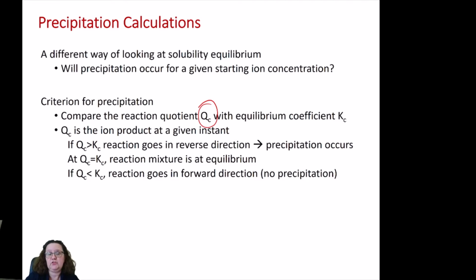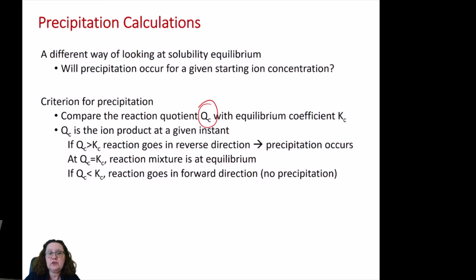So you work out the concentrations of those chemicals, which gives you Qc, and you can compare that with the equilibrium constant for that reaction.